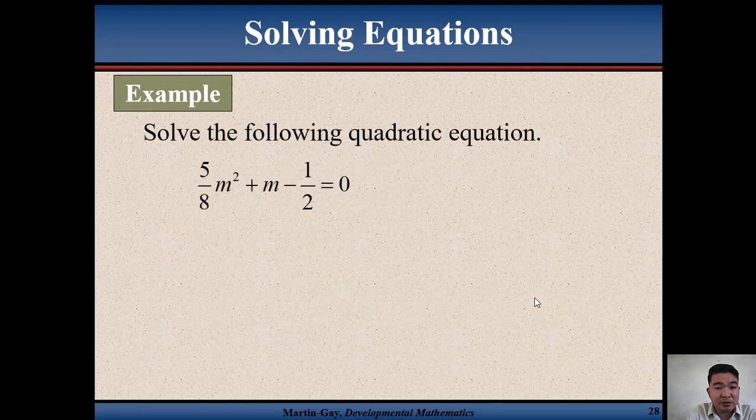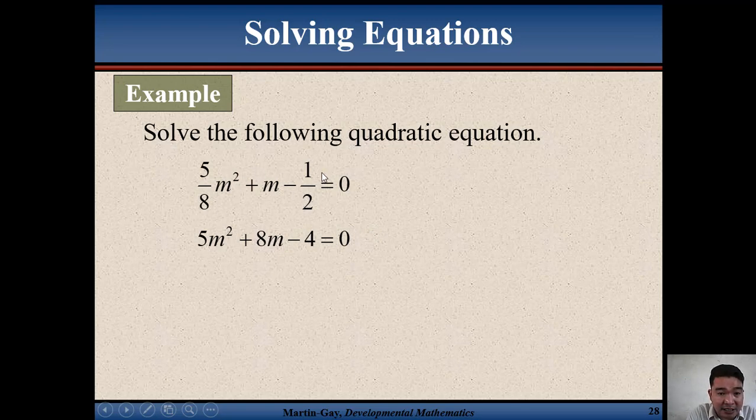Another one. Solve the following quadratic equation: 5 over 8 m squared plus m minus 1/2 equals 0. So we multiply the whole equation by 8 to eliminate the denominator 8. So you will have 5m squared plus 8m minus 4 equals 0.